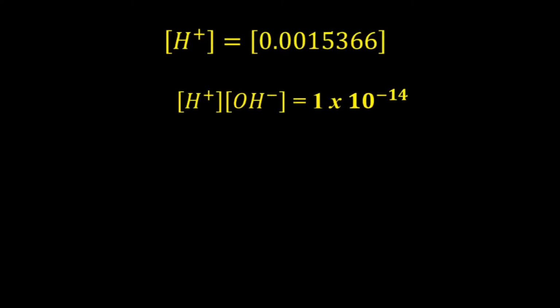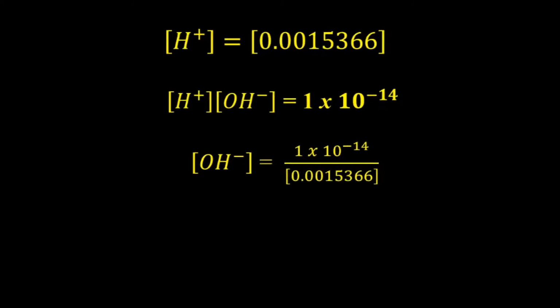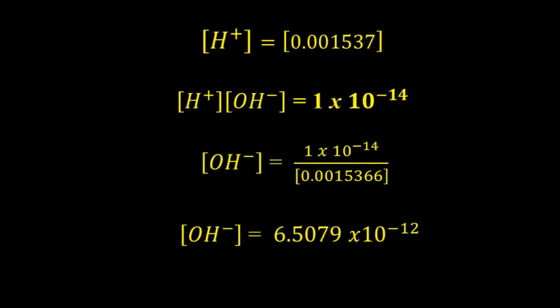Now we're going to solve that expression, the Kw expression, and we're going to plug in the H plus to solve for the OH negative. Apply some basic algebra, rearrange the equation, and we find that the OH negative is going to be 6.5079 times 10 to the negative 12th. And that's, of course, the molarity of the OH.